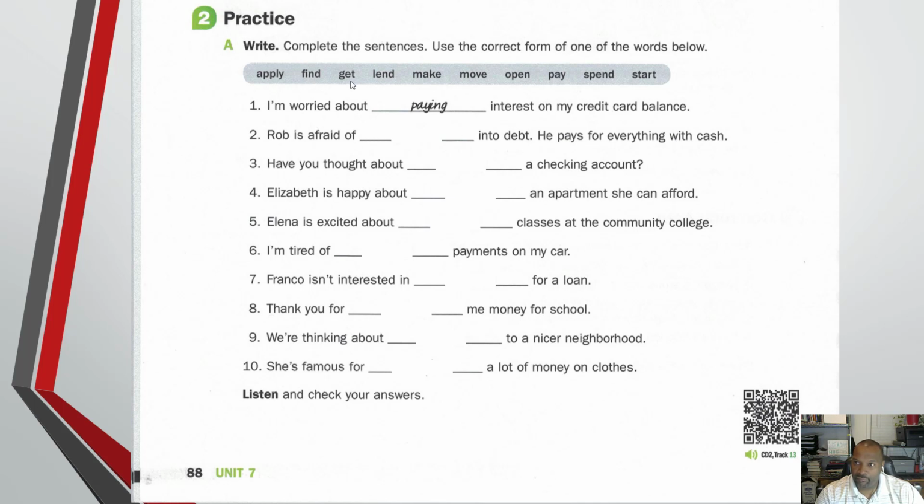Getting, get plus ing. Number 3, have you thought about opening a checking account? Opening, open plus ing.